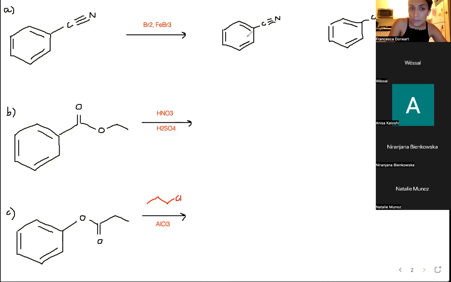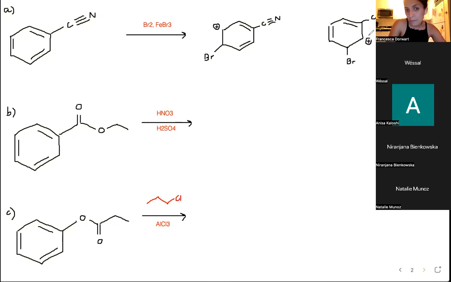This is like saying what I would expect you to be able to do on the exam. So let's look at para first, bromine. And technically this pi bond should go away. And then if I'm going to be putting it on meta, this pi bond. So bromine goes here, my positive goes here and here.